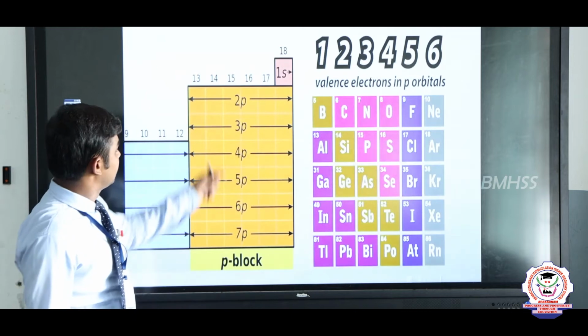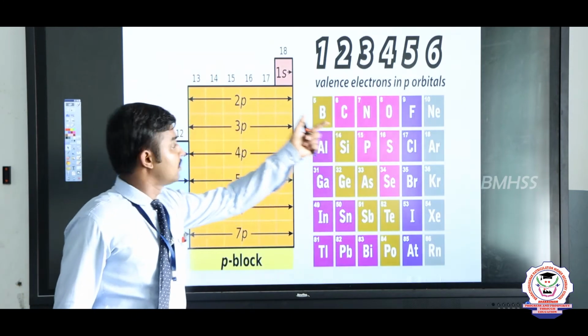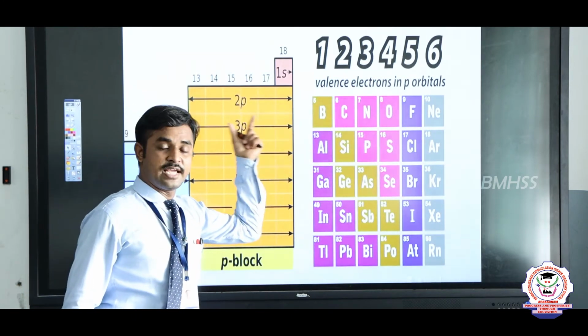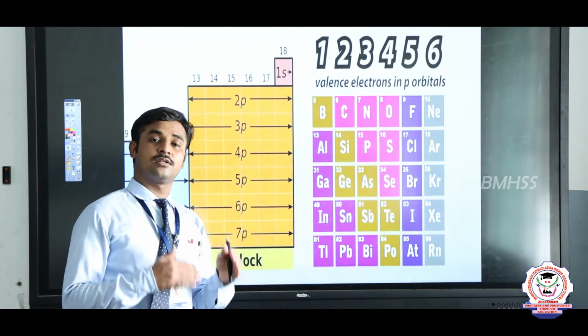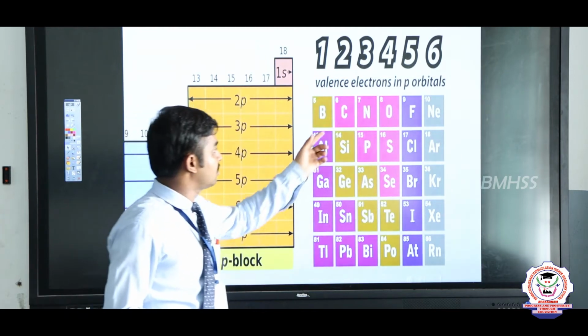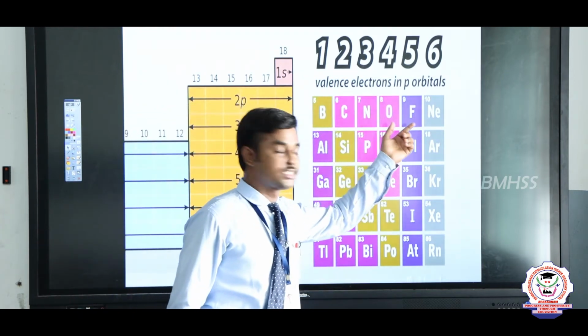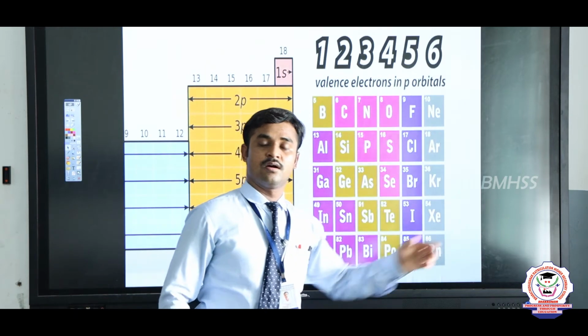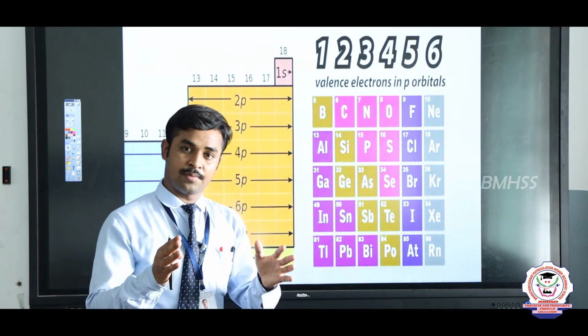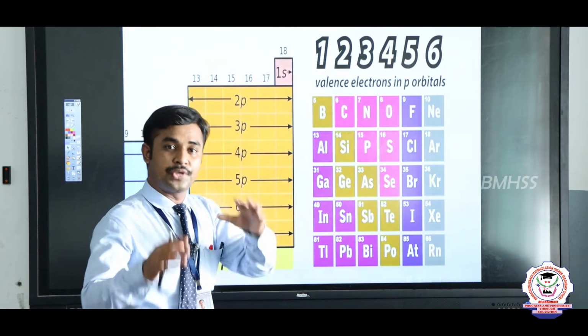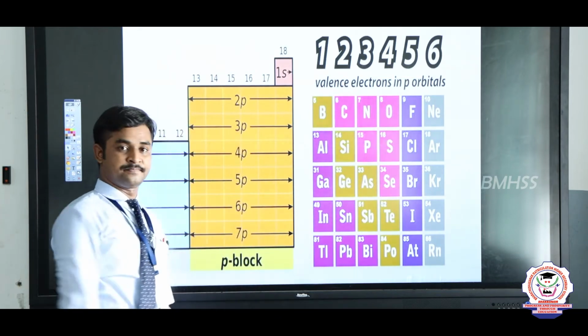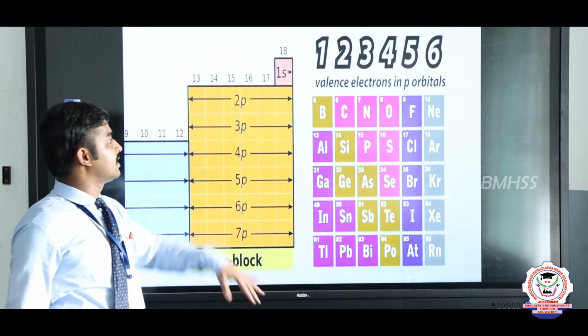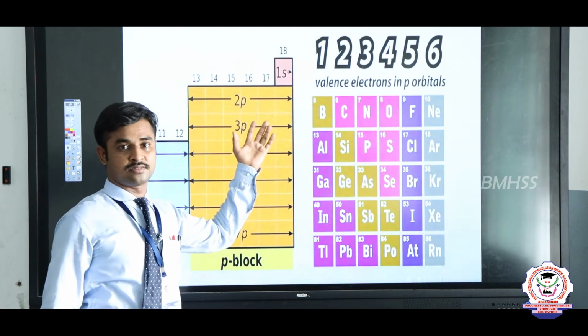See now, these elements have the same orbital as the last orbital. Boron, carbon, nitrogen, oxygen, fluorine and neon all have the same last orbital. That orbital is 2p, so the last electron enters the 2p orbital.